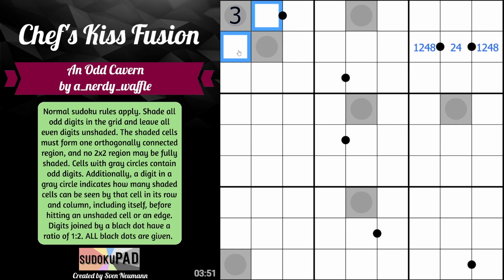Well, if it sees those two cells, then you form a 2 by 2 region, so that's not possible. So to see our 3 digits, it must go either here or here. And we've just said it's not possible for it to go here because these can't both be gray, which means these must be gray, sorry, gray. This must be green.